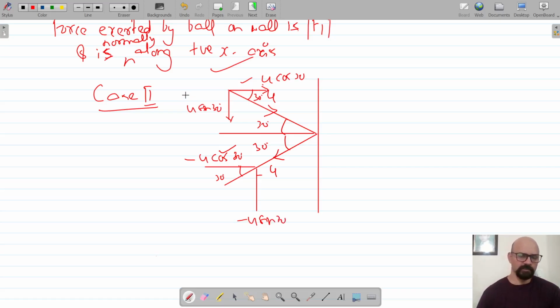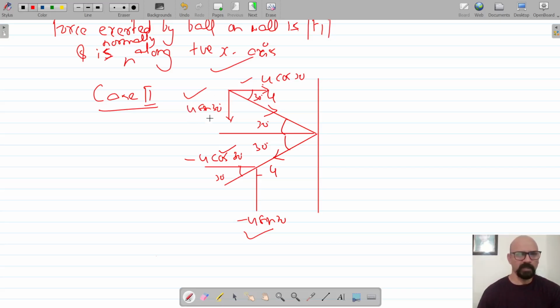Now the vertical components, u sin 30 and negative u sin 30, these two will cancel out each other because they're in the same direction but with different signs.